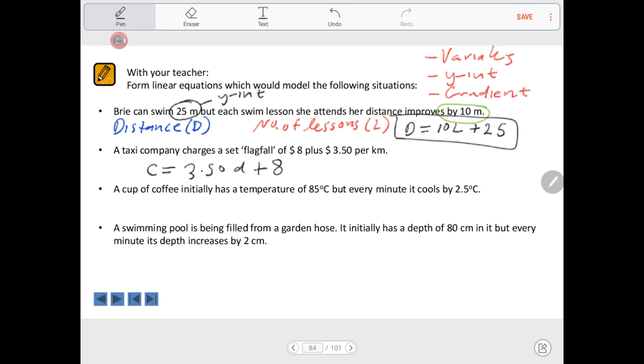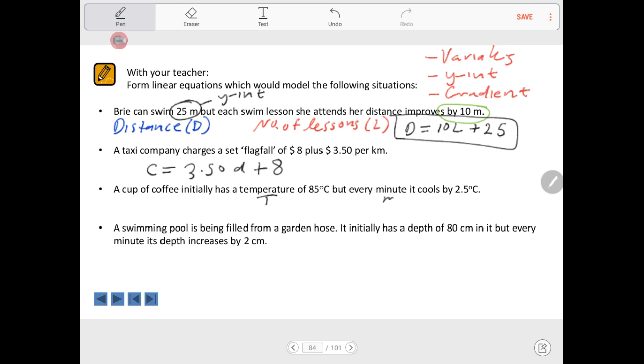A cup of coffee starts out with a temperature of 85 degrees Celsius, but cools by 2.5 degrees each minute. So we've got our variables. We've got the temperature of the coffee, capital T for temperature, and we've got the time as well. You could use M for minutes, or a little t for time is pretty common.